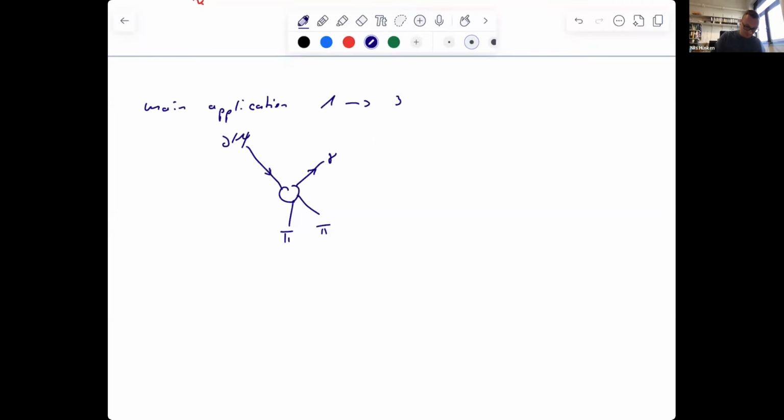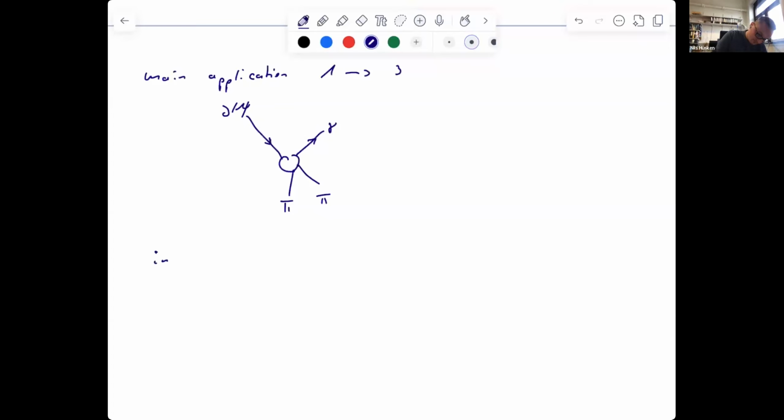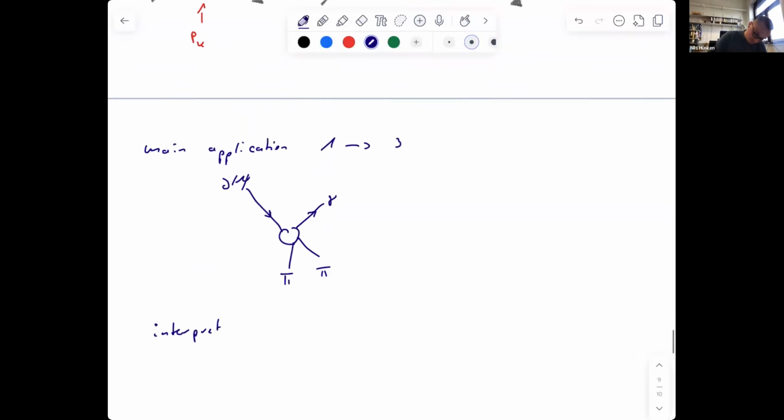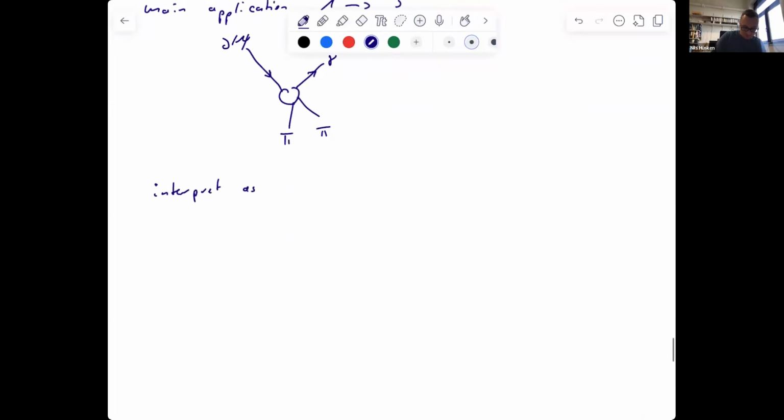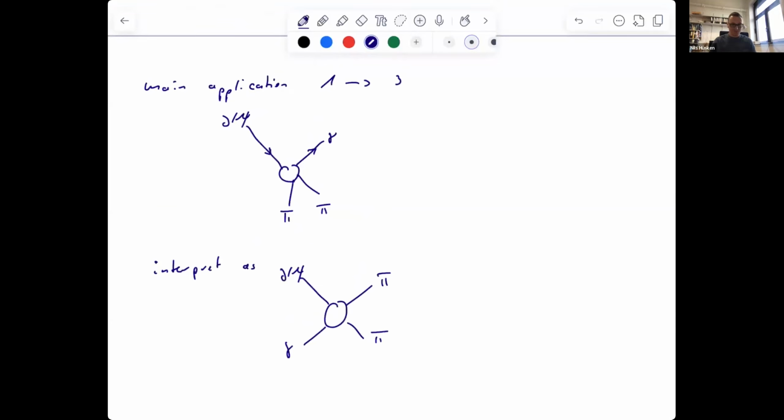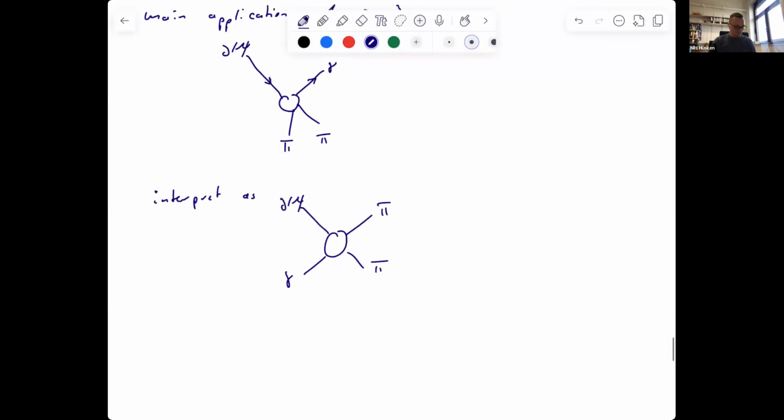And all you really do now is to turn around this diagram and interpret it as this diagram, where you have a J psi and the photon coming in, have the 2 pions going out. Now this is again 2 to 2. And we can make a very good argument that a resonance in the 2 pion system at say 1.5 GeV or so has very small coupling for radiative decay into the J psi at 3 GeV. And so this is exactly where that idea comes from.